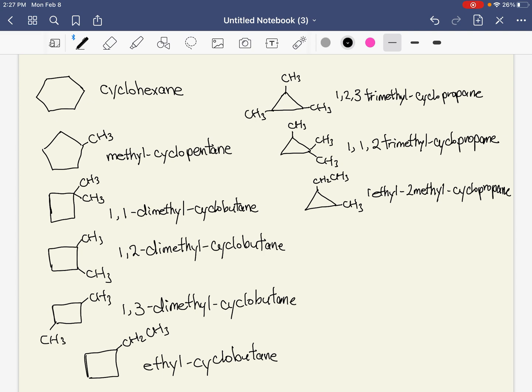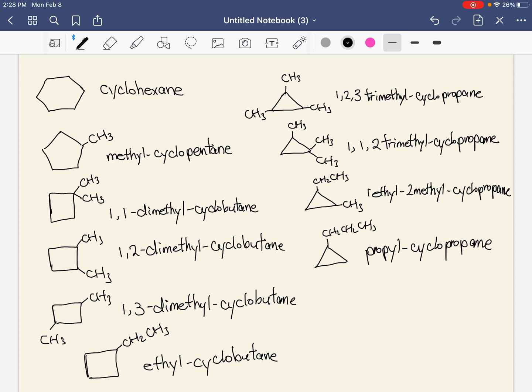I can do something silly like this, make them all go in one, like that. So that will be propylcyclopropane. So there's really a lot of different neat ways where you can actually put together the cyclic structure.